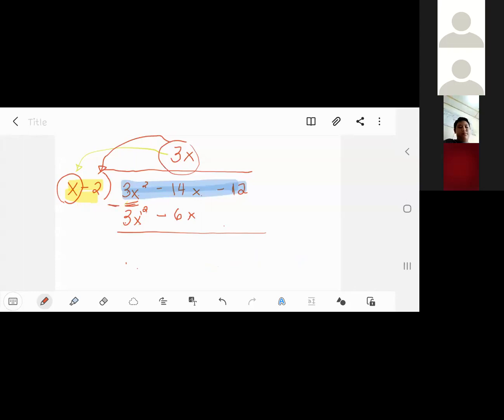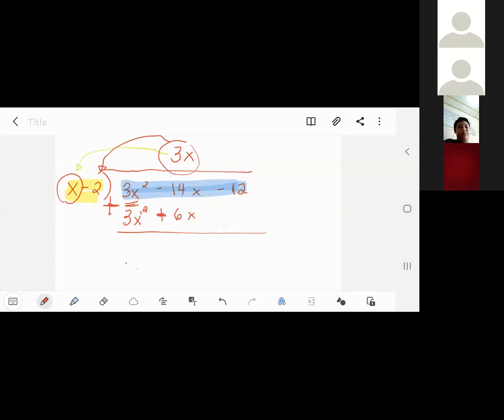Now, you subtract this. 3 minus 3, that is 0. So, negative 14x minus negative 6x. In algebra, when you subtract, the first term stays and the second term changes its sign, so it becomes addition. Remember?